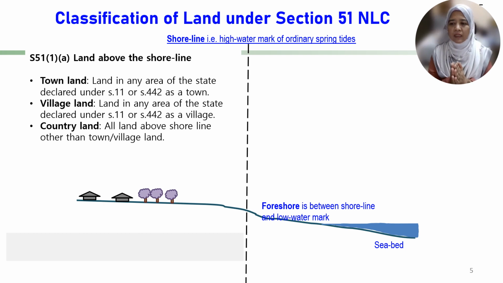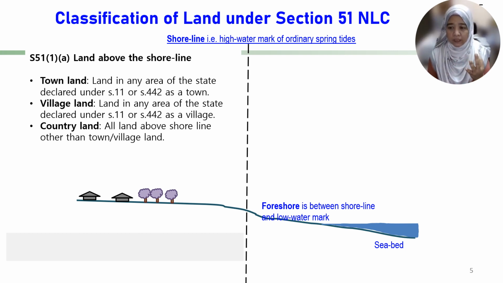Apa saja tanah yang telah diisytiharkan sebagai pekan ialah tanah pekan. Quite straightforward. So what is tanah desa then? Country land is all land above the shoreline other than town land and other than village land, tanah pekan just now. So other than that, semua tu adalah country land, tanah desa.